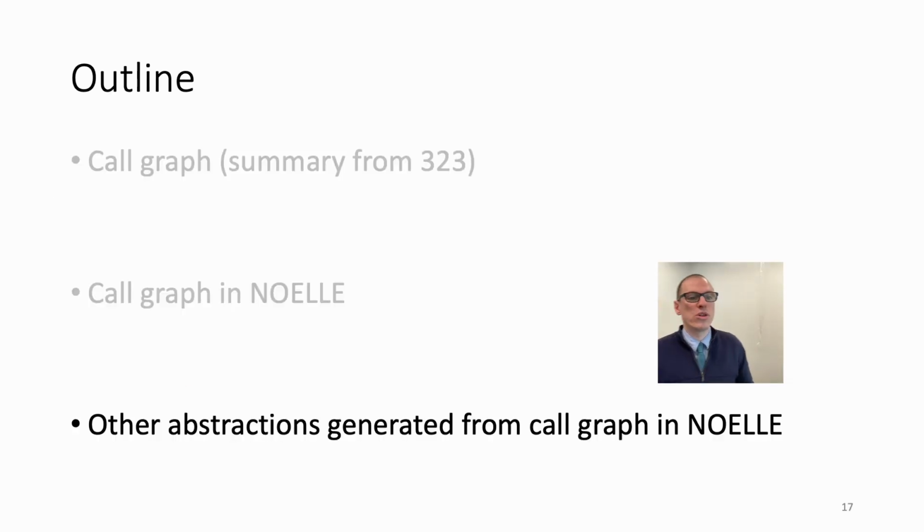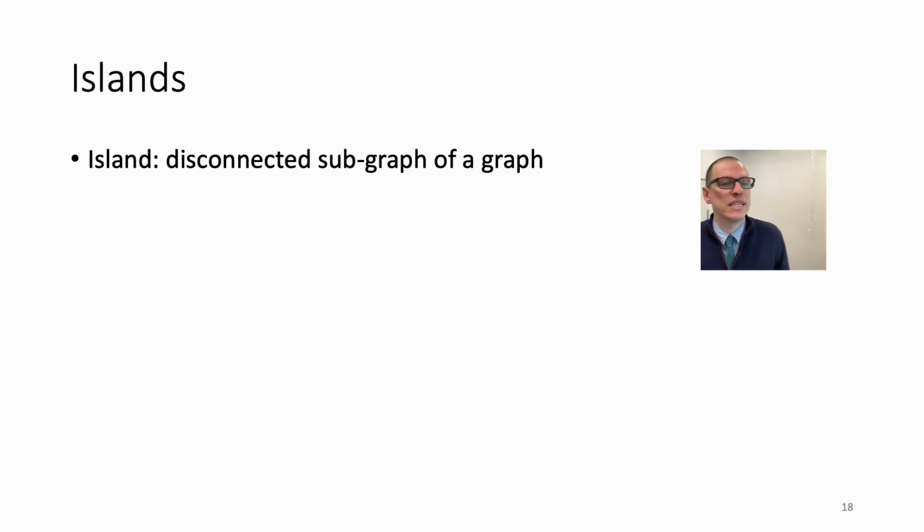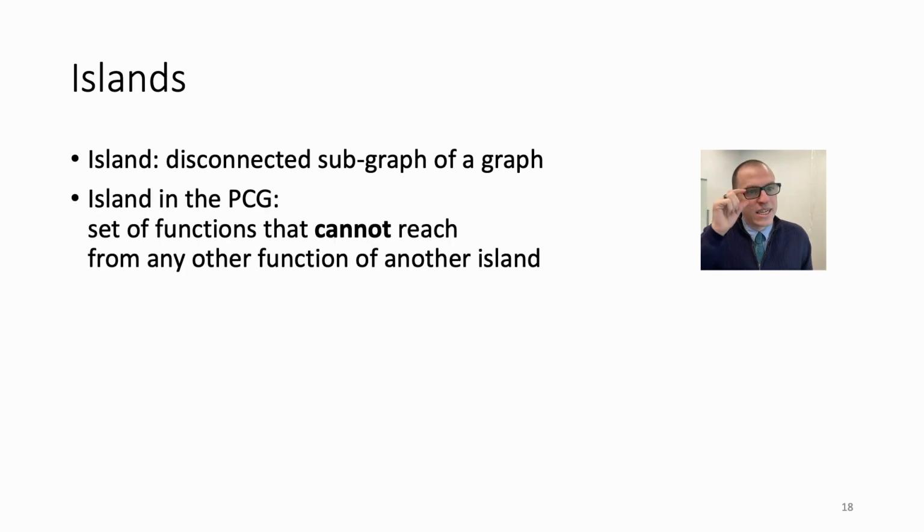Now let's look at what are the other abstractions that we build upon the program CallGraph that NOELLE provides. The first abstraction is island. An island is a disconnected subgraph of a graph. So an island in the PCG is a set of functions that cannot be reached from any other function of another island.